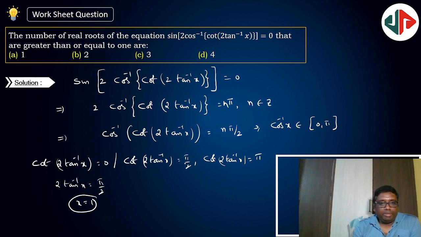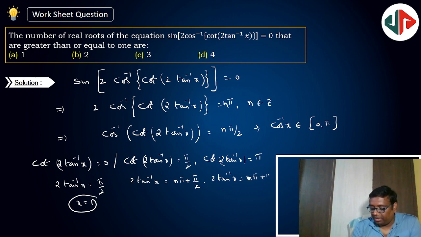When this value becomes pi by 2, then 2 times tan inverse of x is equal to n pi plus pi by 2, or 2 times tan inverse of x is equal to m pi plus pi by 2.